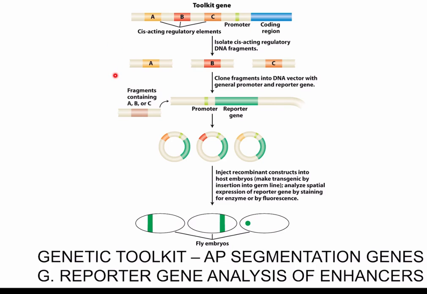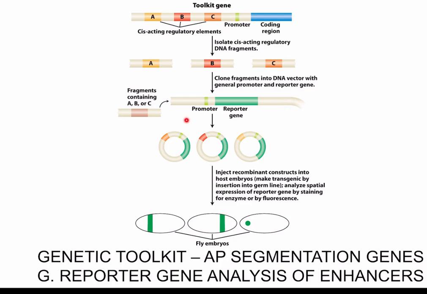And one can analyze the expression pattern, or the role these transcription factors play in regulating genes, and thereby providing information to cells through an experiment known as a reporter assay.